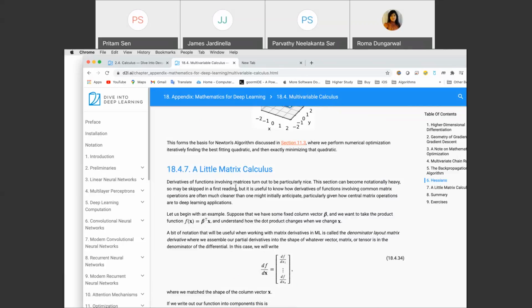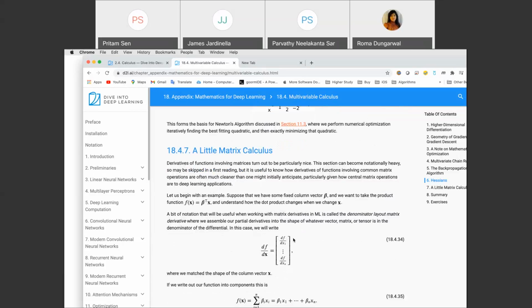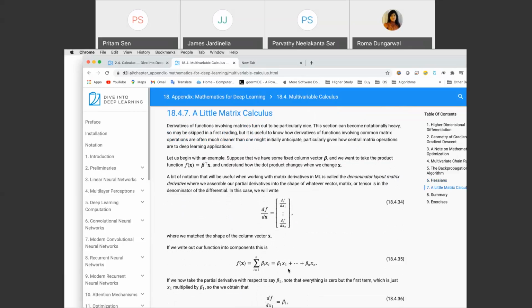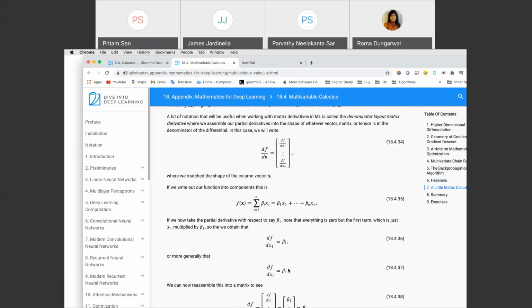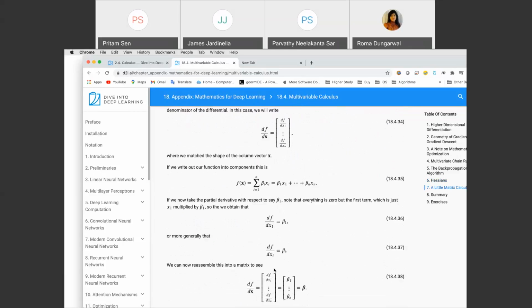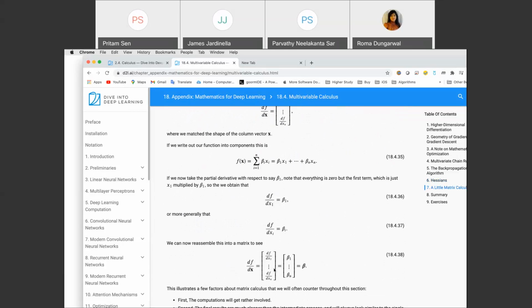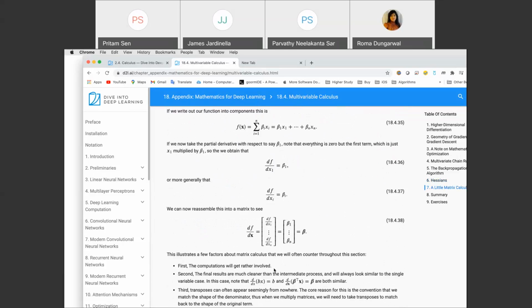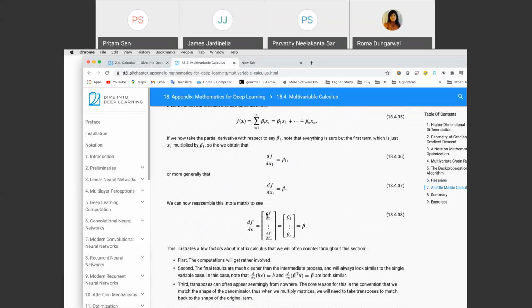For matrices, the concepts are actually the same. If this is a vector, we can get the partial derivative for each parameter like this. For each partial derivative, if we present it as beta 1 to beta n, this is another vector, the derivative vector.